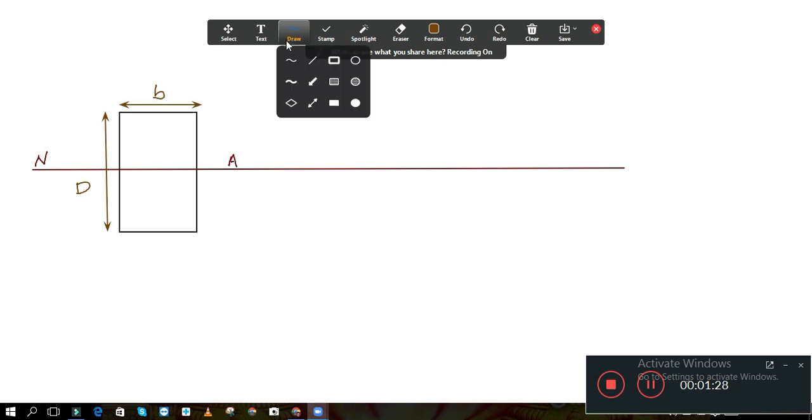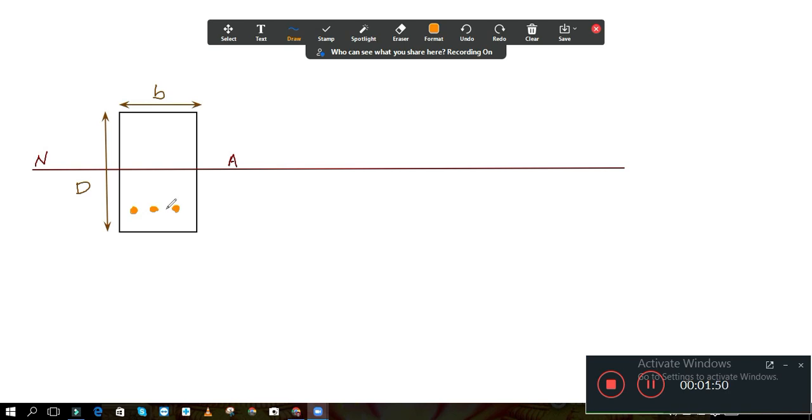Now reinforcement is placed in the beam. Suppose these are the reinforcing bars. This is the singly reinforced beam, so reinforcement is provided only at the tension side. You know that in the case of a doubly reinforced beam, we provide the reinforcement on the tension side as well as on the compression side.